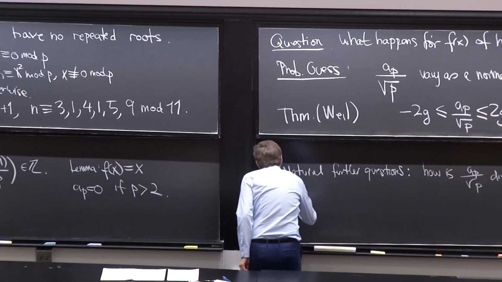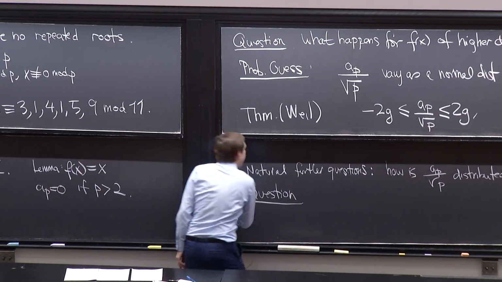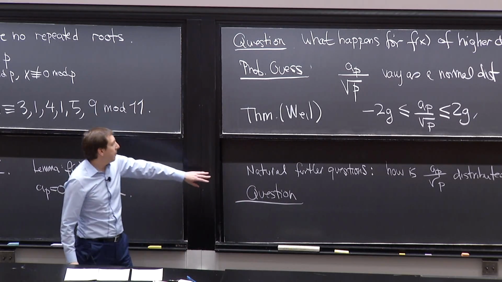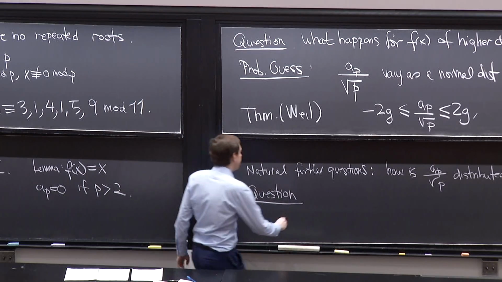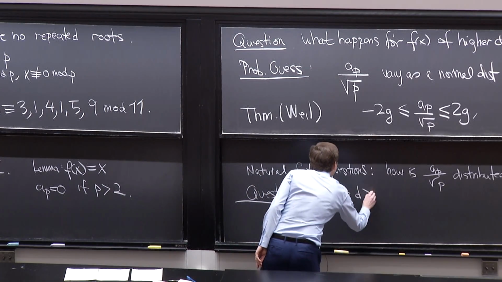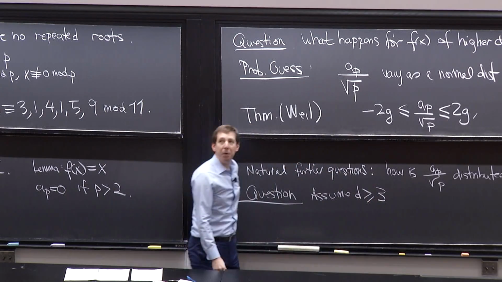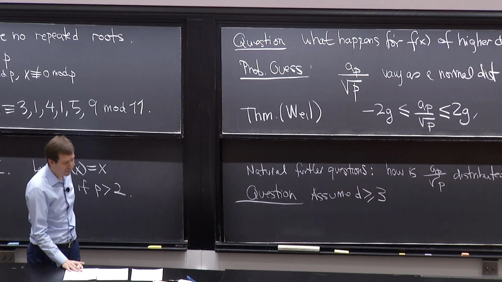I mean, if we can't answer this question, maybe we shouldn't be allowed to think about that question. Okay, so the question is, well, first again, I want to assume that my polynomial has degree at least 3, because the other cases are trivial.